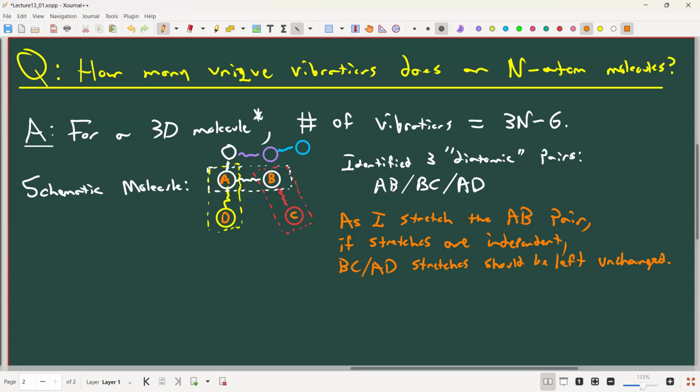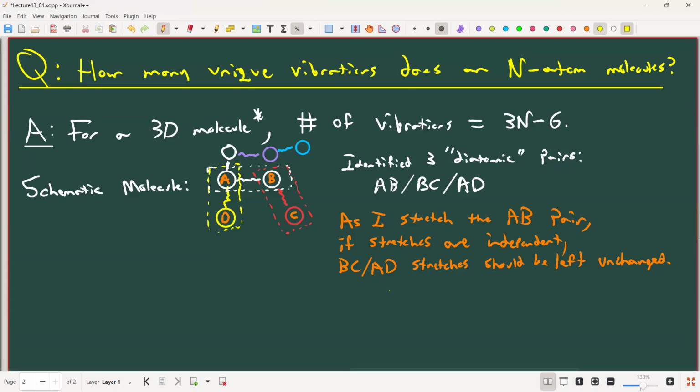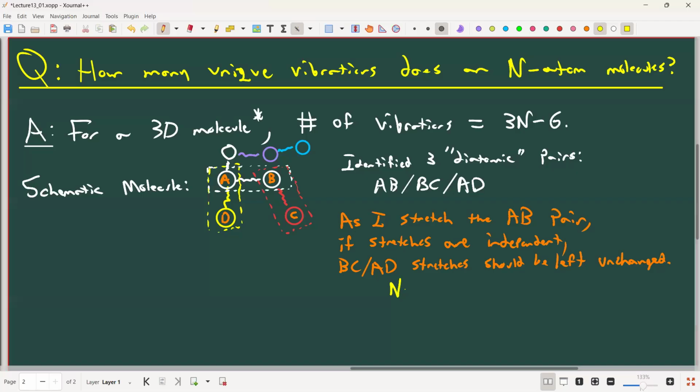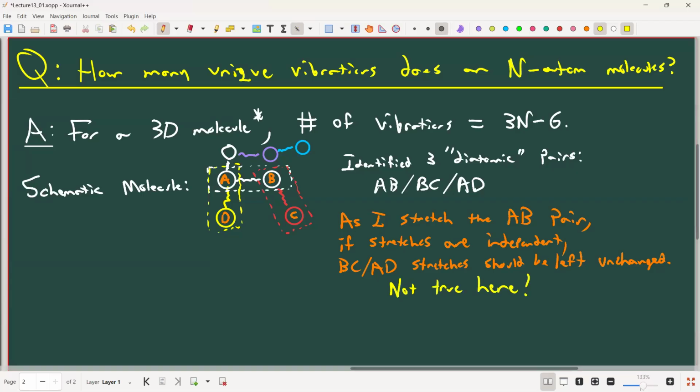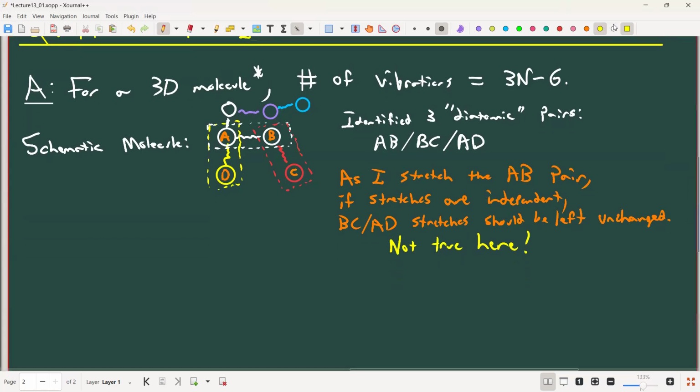And let me give you an example why this doesn't work. Not true here. And why? The question is why. So we'll call this a counter example.